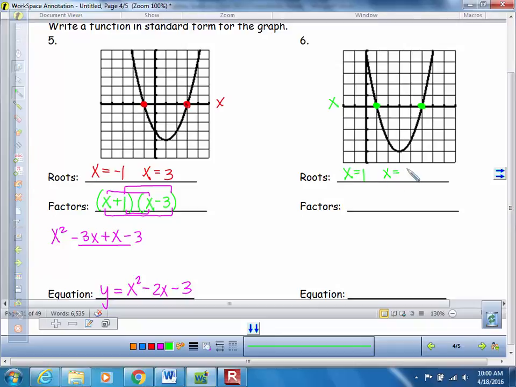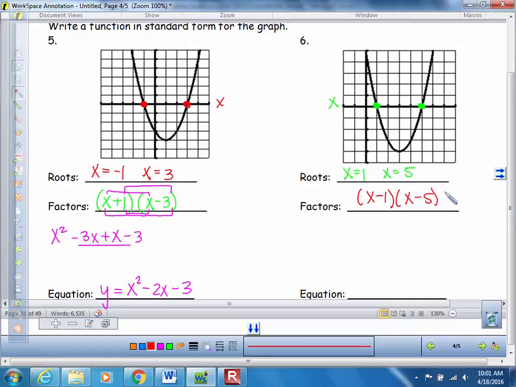X equals 5. Okay? So Haley, what would my factors be then? And x minus 5. Very good.